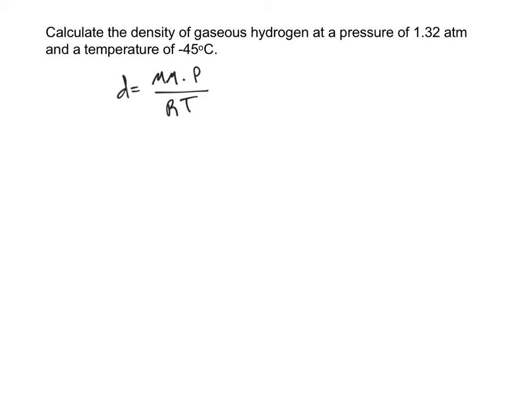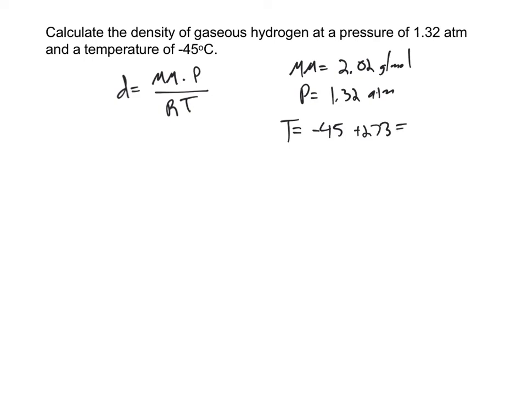They told us this is hydrogen gas, so I know the molar mass of H2 is 2.02 grams per mole. The pressure they gave us is 1.32 atmospheres. The temperature is negative 45 Celsius, so I need to add 273 to get that in Kelvin, and I get 228 Kelvin for the temperature.